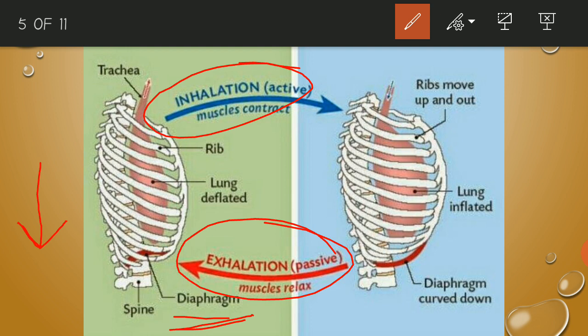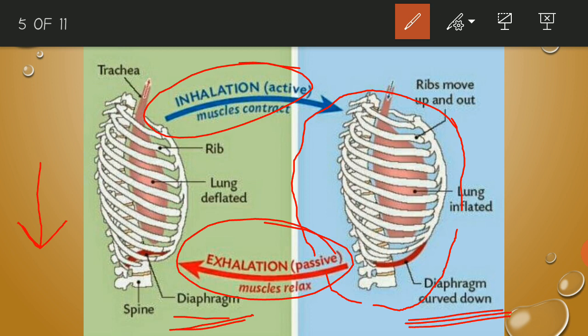As a result, the overall size of the chest cavity increases. Now see here, this is the downward movement of the diaphragm and contraction of the intercostal muscles.